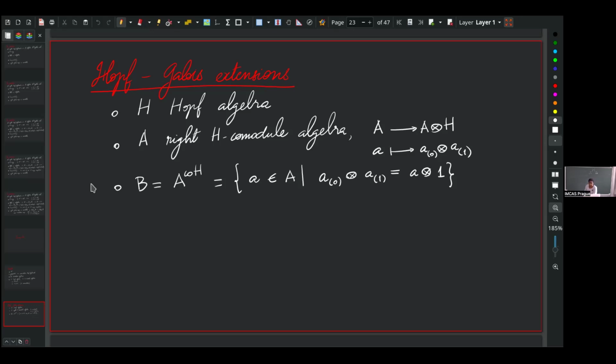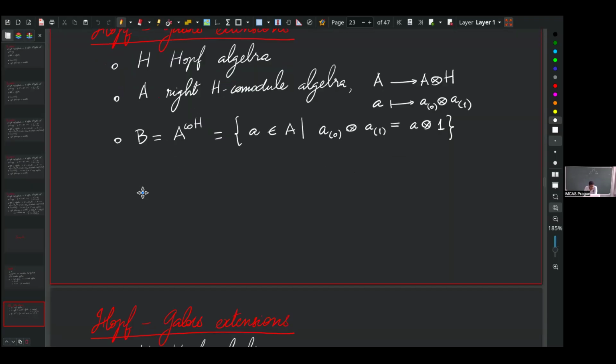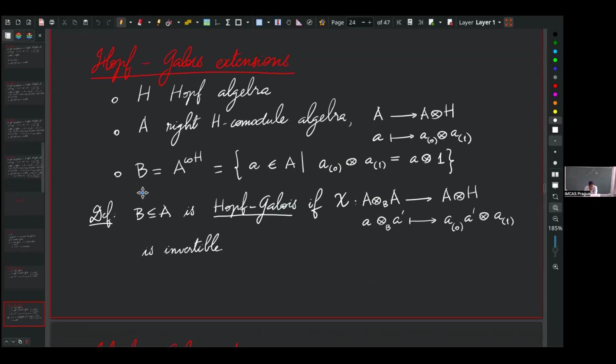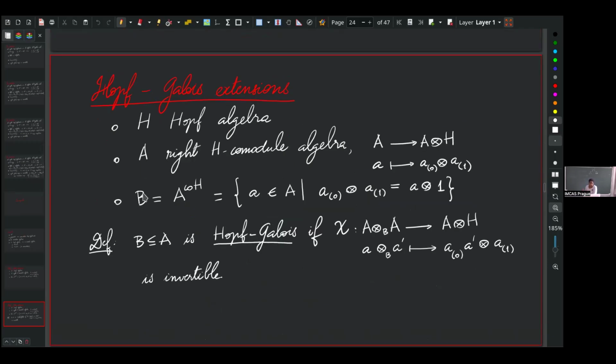We start with a Hopf algebra H and a right H comodule algebra A, and we consider its subalgebra of coinvariants B. We say that the extension B in A is Hopf-Galois if the canonical map chi is invertible.